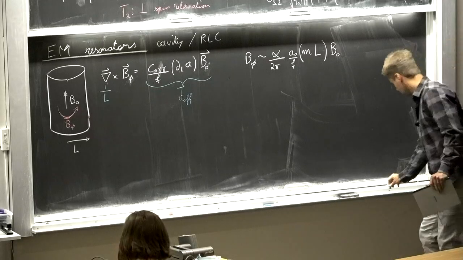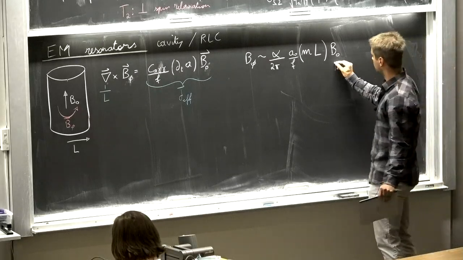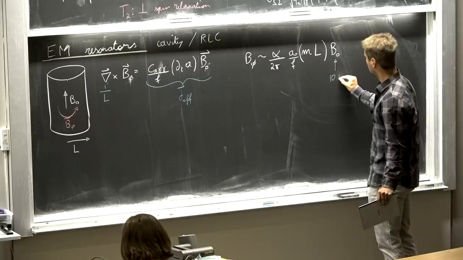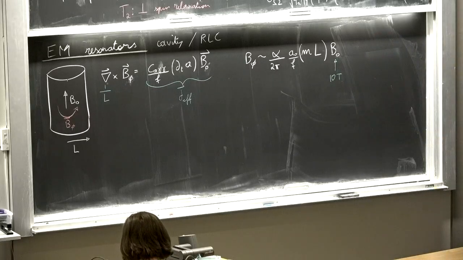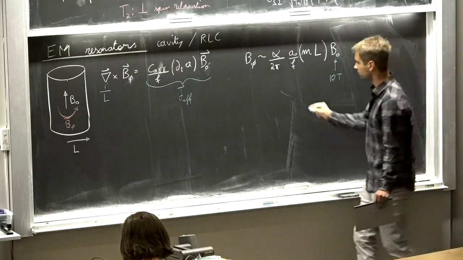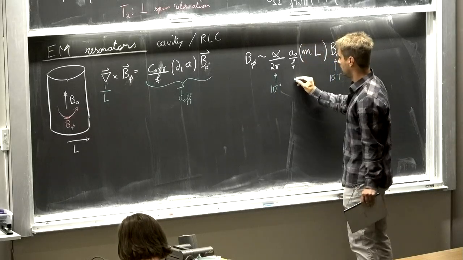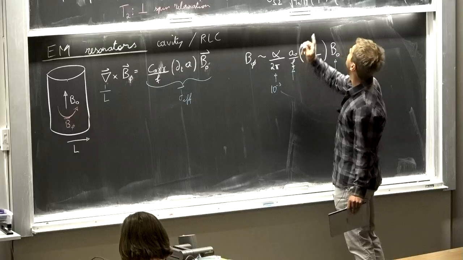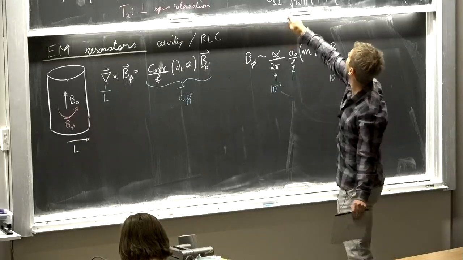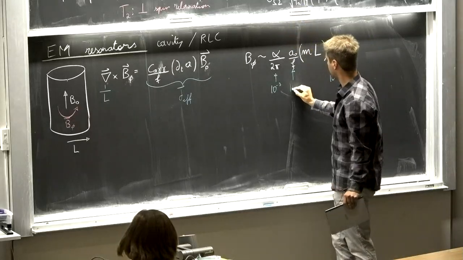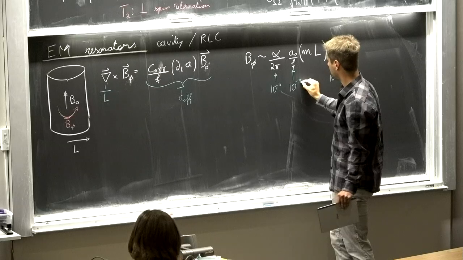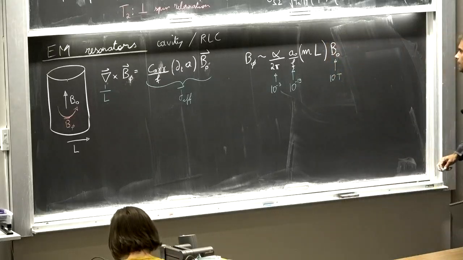So let's look at some numbers. The largest static magnetic fields we can create in our lab are on the order of 10 Tesla. Alpha over 2 pi is about 10 to the minus 3. I told you in this example over here that the size of A over F for the QCD axion is about 10 to the minus 19.